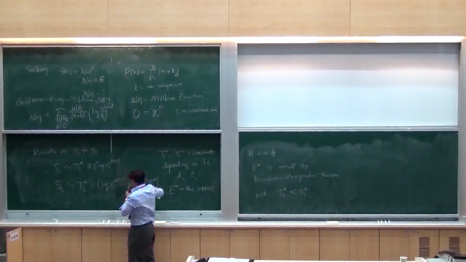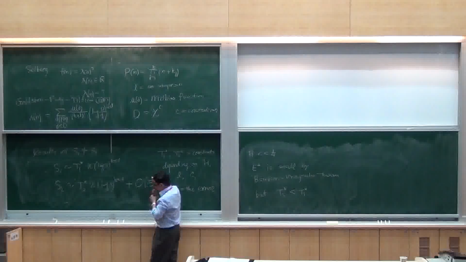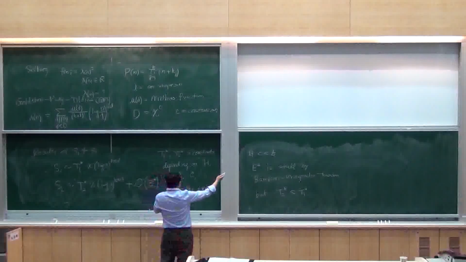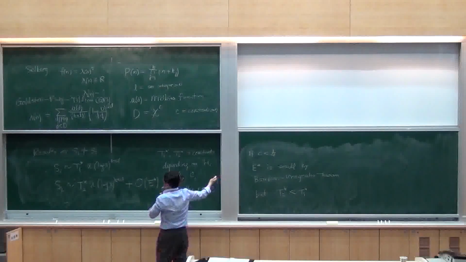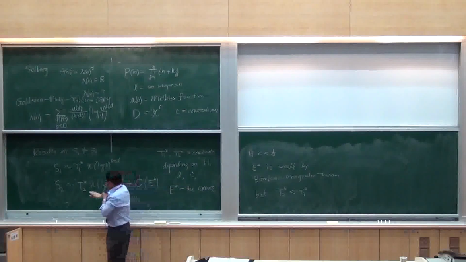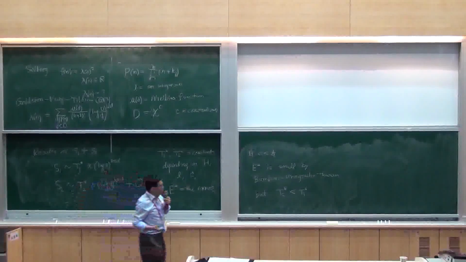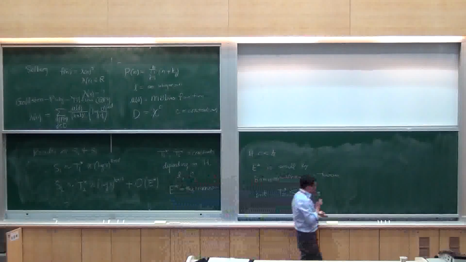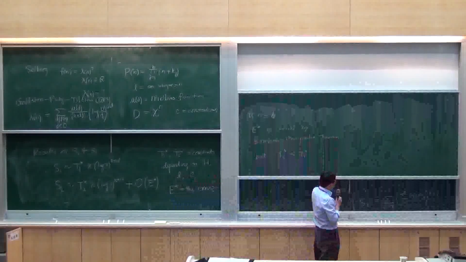But for S2, the error term is complicated. If we take c less than 1/4, we can handle this and don't worry about it. But now this coefficient is smaller than that. We wish to prove S2 is greater than S1, but we couldn't.